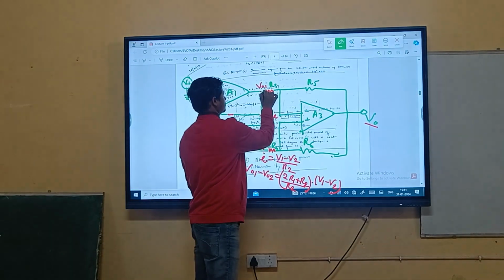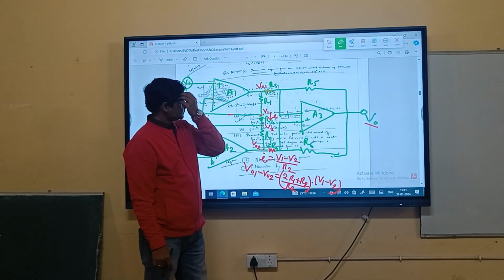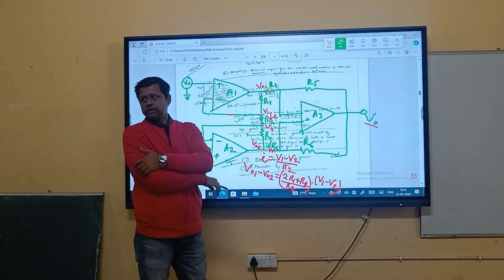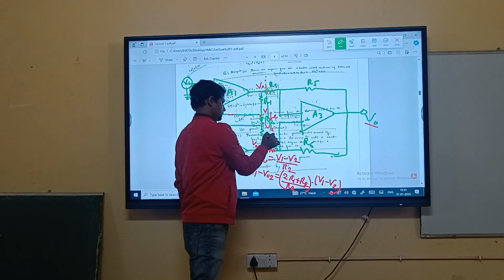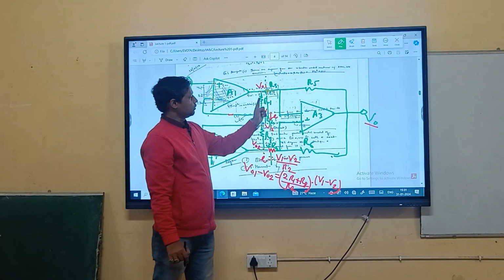Understand? Otherwise, what happens? The same voltage will transfer. That is something I don't want. So this part is actually a differential amplifier. So you need two unity buffer circuits and one differential amplifier.